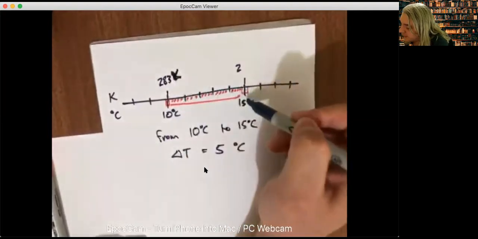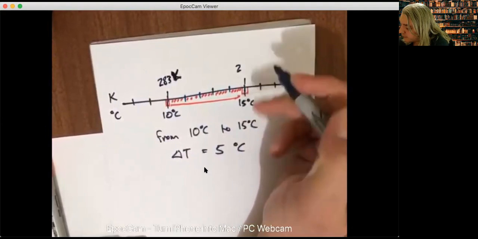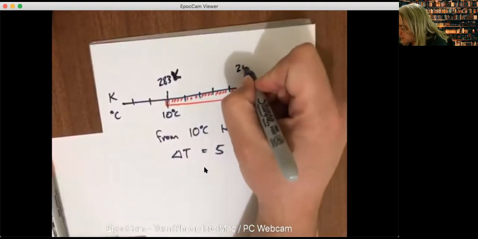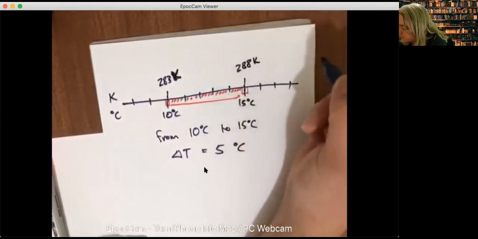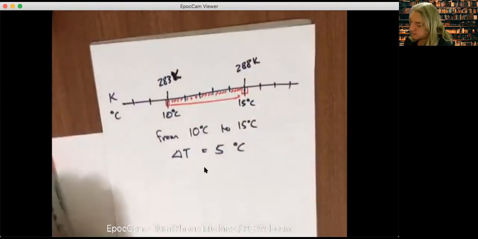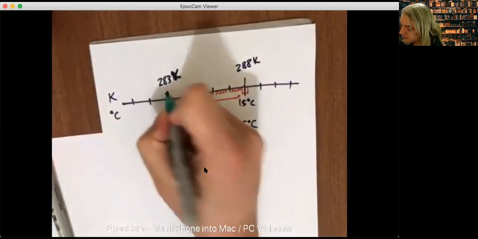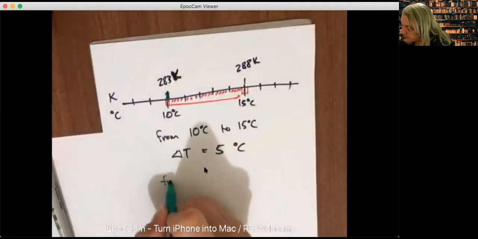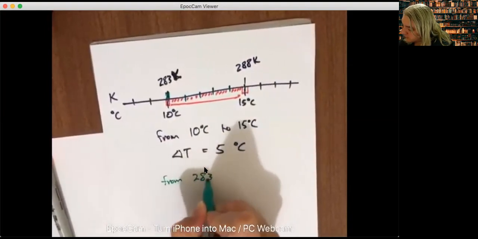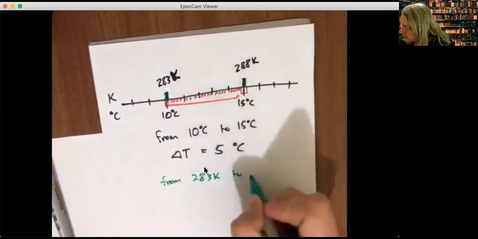And that means that this, add 273 to this, so we're now at 288 Kelvin. So on the Kelvin side, we started at 283 Kelvin, and we went to 288 Kelvin.